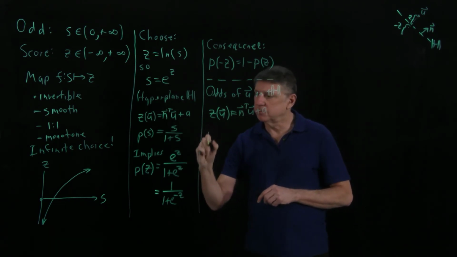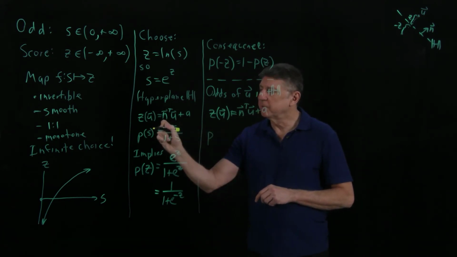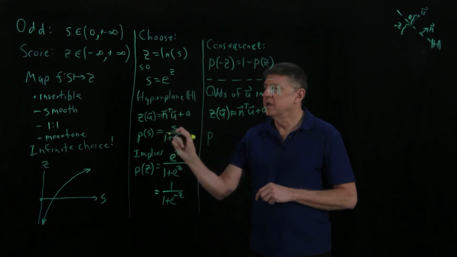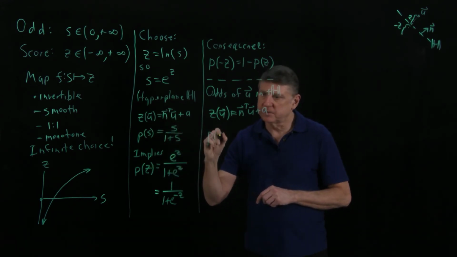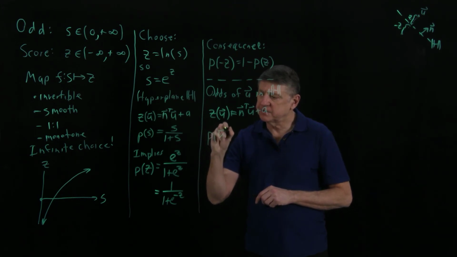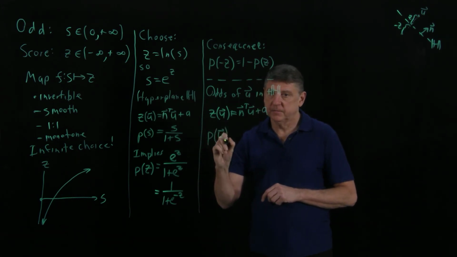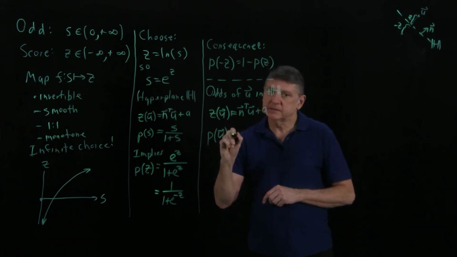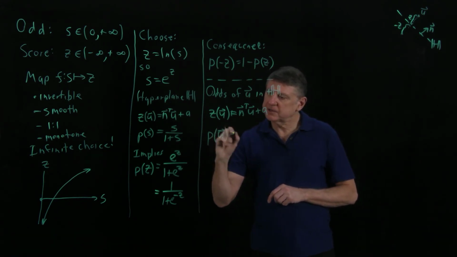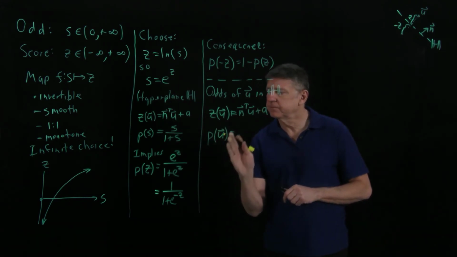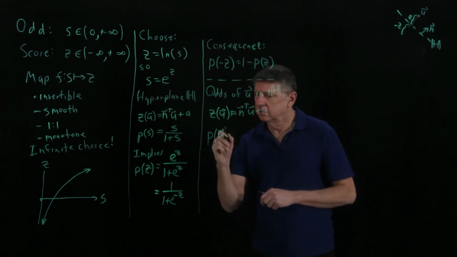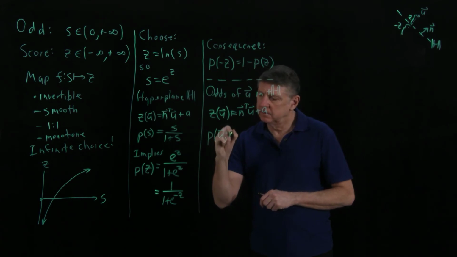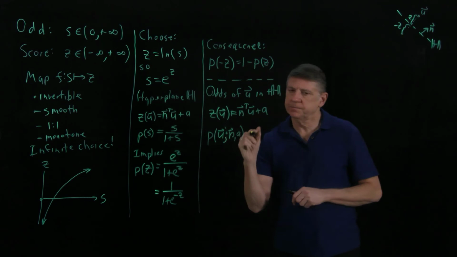So here we had the probability as a function of odds, here we have the probability as a function of score. Now I can write the probability as a function of the vector. Actually, let's rewrite that slightly. Let's say that that's the probability of the vector given the normal and the bias scalar.